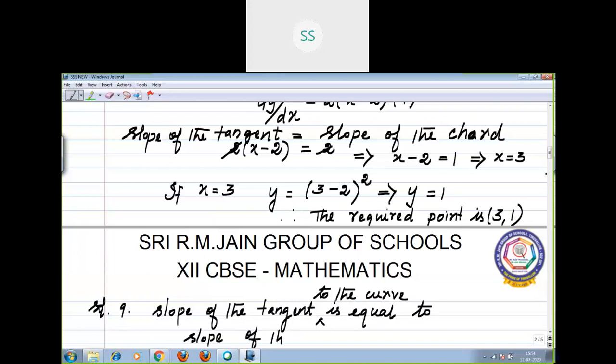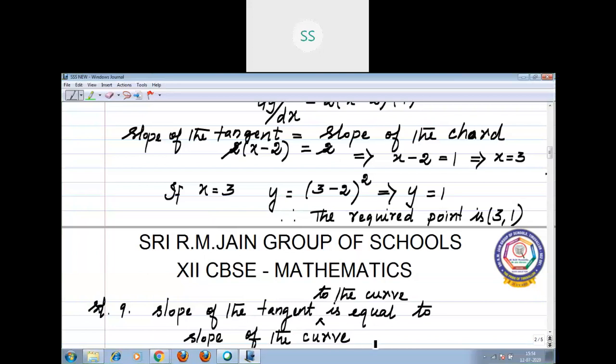It is not given to you directly. You have to understand the meaning of the question first. Find the point on the curve at which the tangent is. The tangent touches the curve at a point. Slope of the tangent to the curve is equal to slope of the given tangent. That is the meaning.